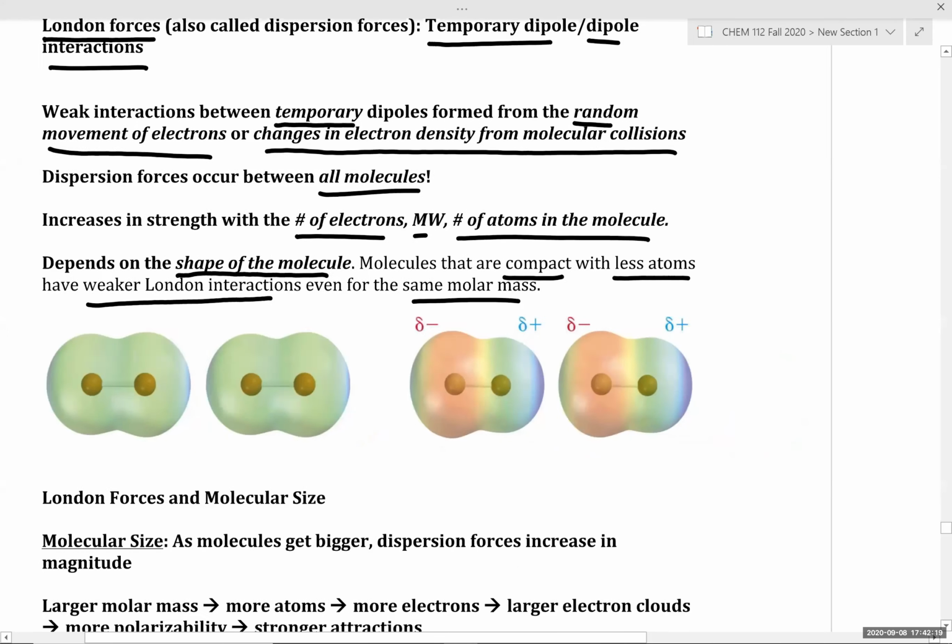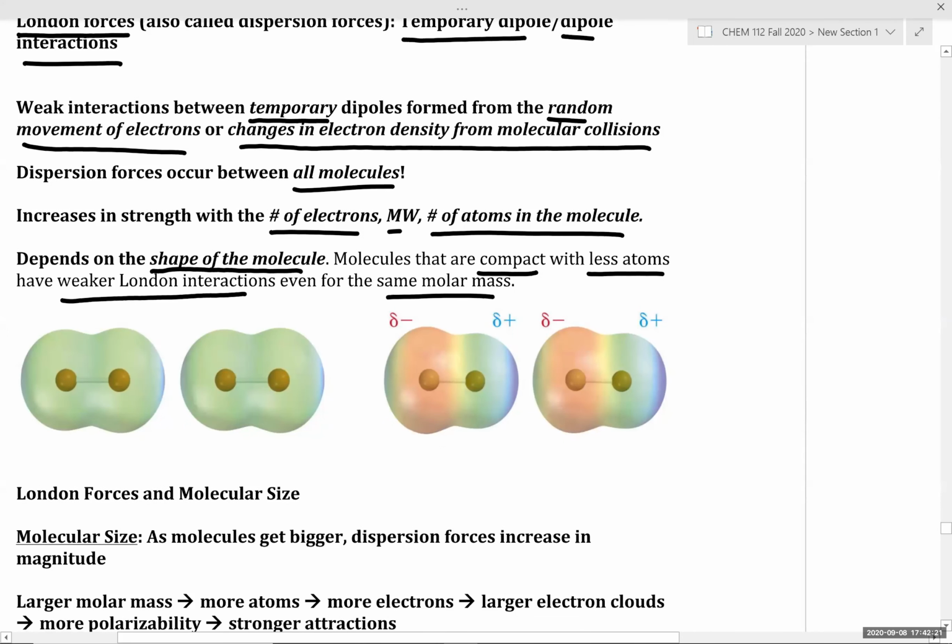So a classic example of this is if we compare, for example, oxygen, which has a molar mass of about 32 grams per mole.